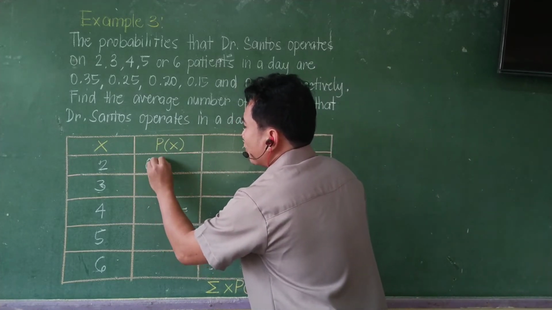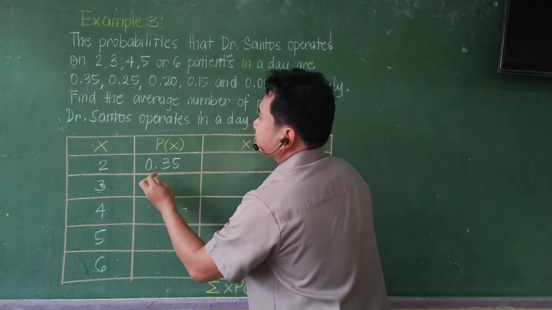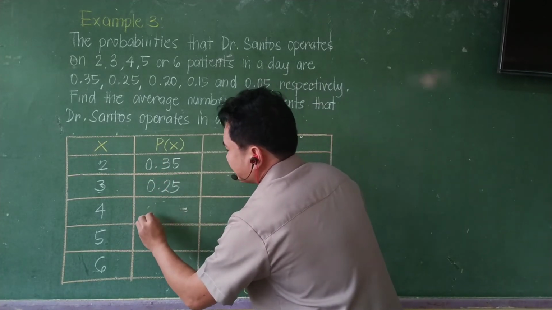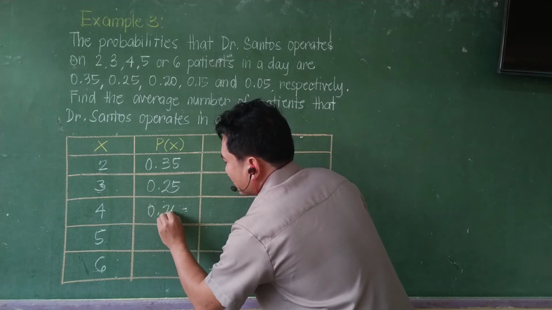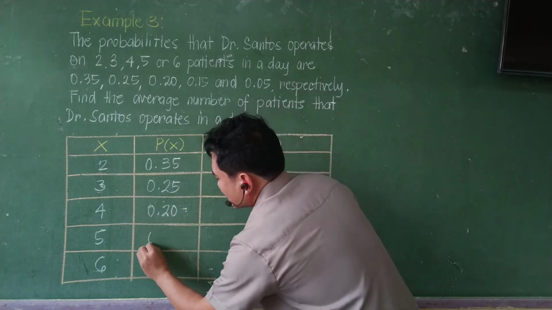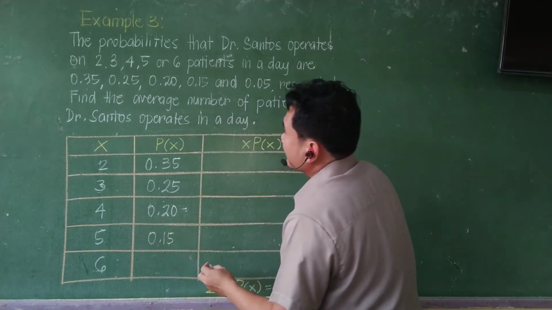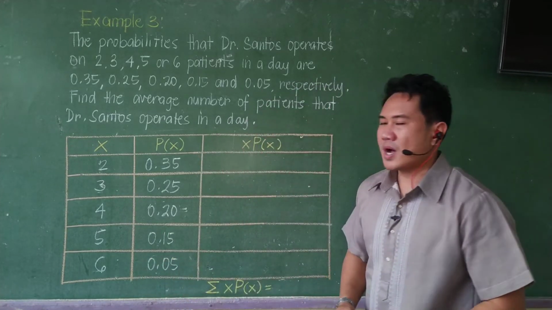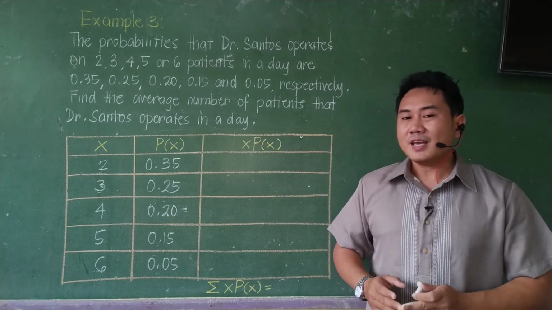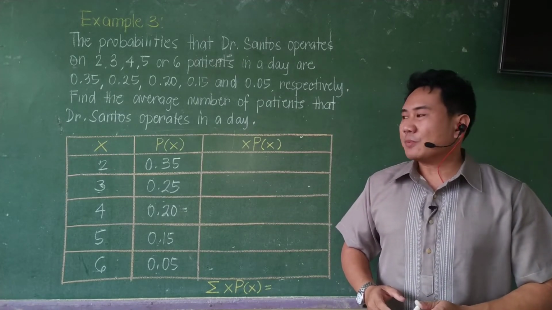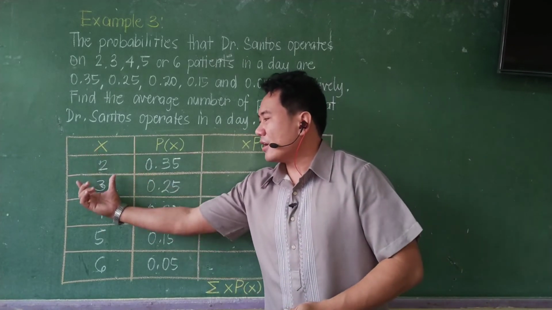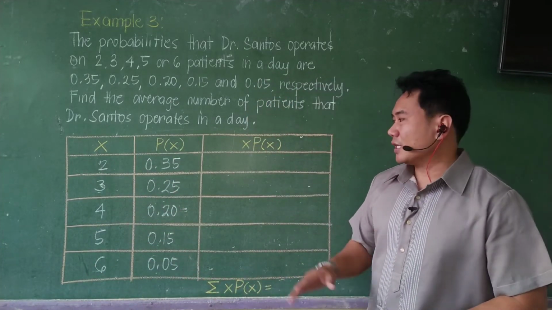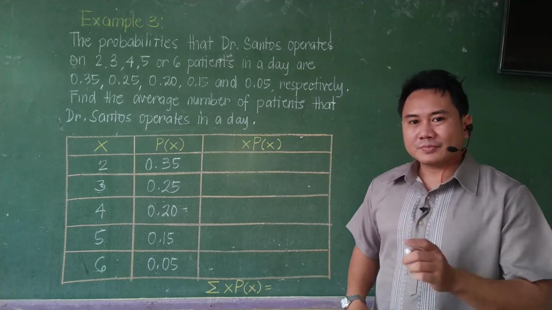This is 0.35, 0.25, 0.20, 0.15, and 0.05. Next, we are going to multiply the values of our x with their corresponding probabilities, and we're going to put it on the third column. Let us begin.